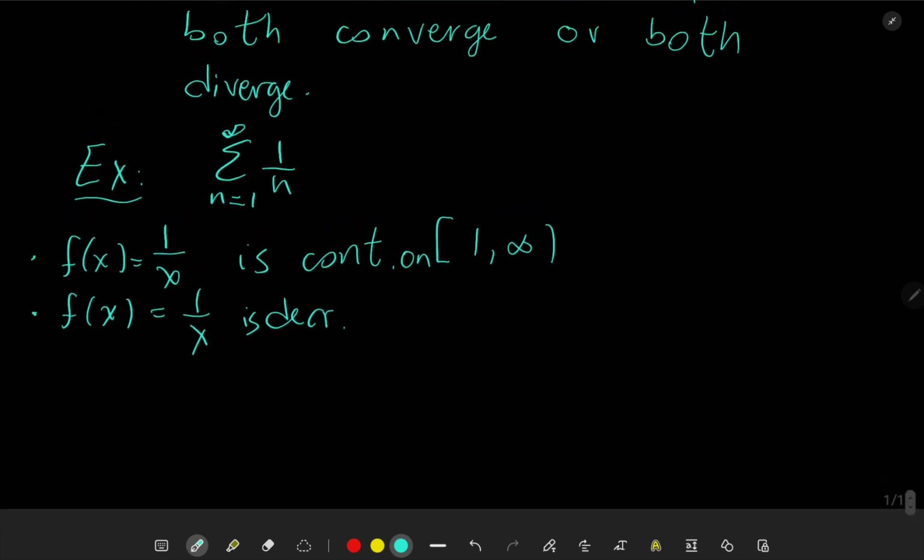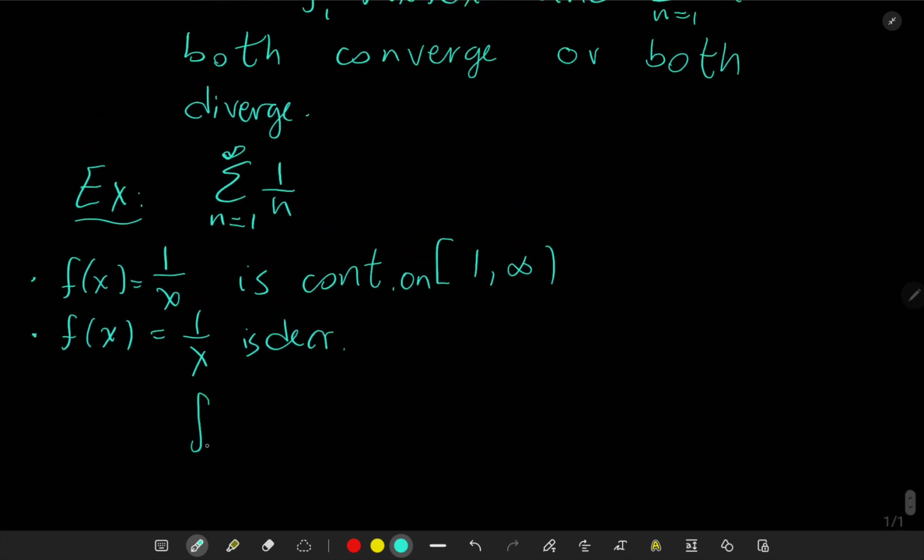So the theorem tells us that the integral from 1 to infinity of 1 over x dx and the series from n equals 1 to infinity of 1 over n have the same behavior. So if we can tell what happens to one of them, we can tell what happens to both. So let's go ahead and compute this integral, because that's much easier than trying to figure this one out.